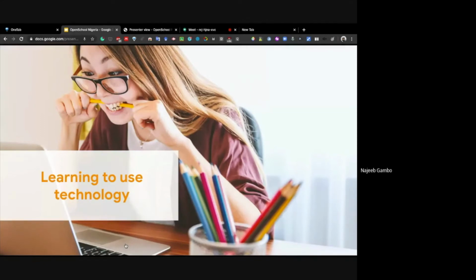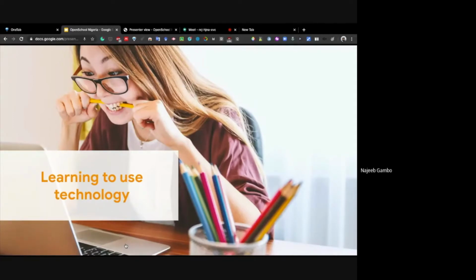Kids of like 8 to 10 years don't have a problem with technology. Give them your smartphone, they will do something that you have never explored on your smartphone. But a lot of teachers will struggle even to open an email. Teachers will struggle even to download a document. Teachers will struggle to do something like this.